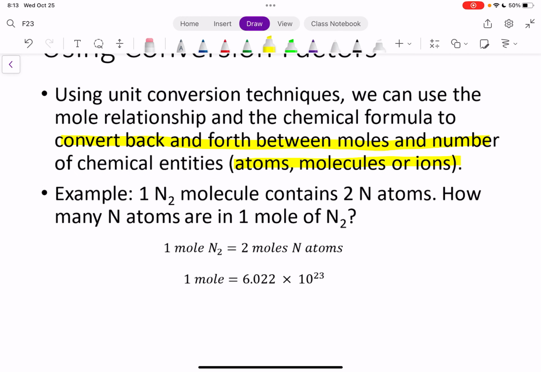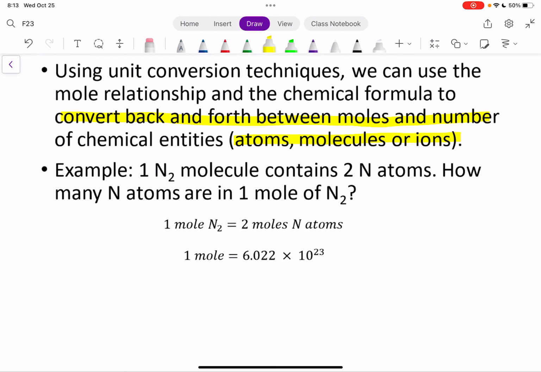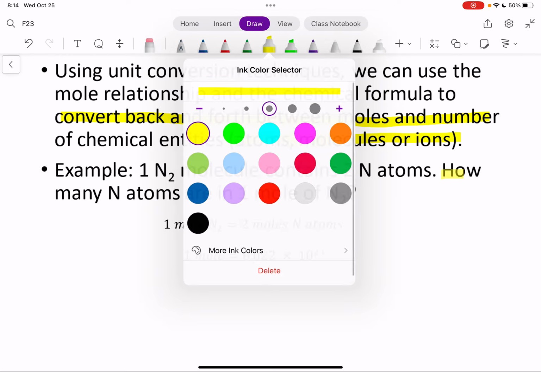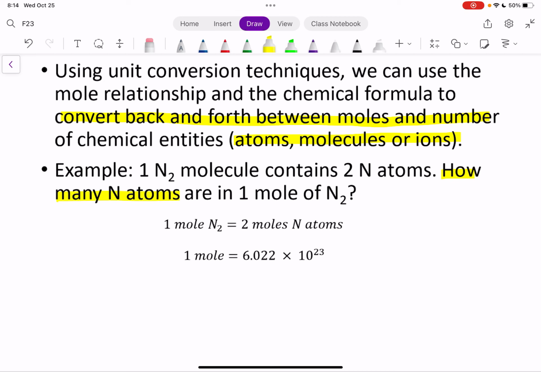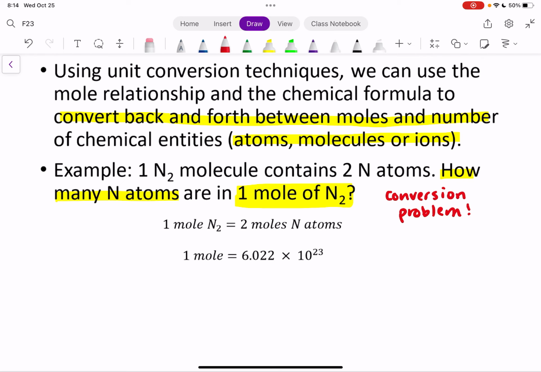So this says, for example, 1 N2 molecule contains 2 nitrogen atoms. Now, what we want to know is how many nitrogen atoms are in 1 mole of N2. So this is a conversion problem. For any of these problems, what I first like to do is think about a general problem solving strategy. So this is what I'm given, 1 mole of N2.